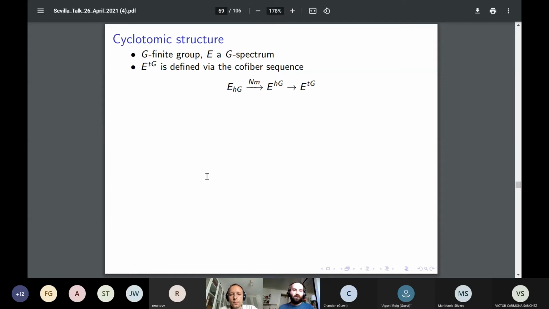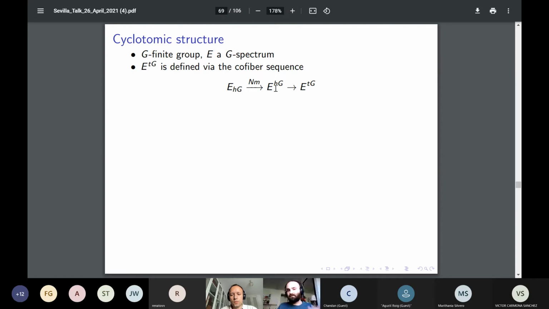A little more before defining TC. If G is a finite group and E is a G-spectrum, there is this notion of Tate construction with respect to G for E. It's defined as the cofiber of the normalization map from the homotopy orbits to the homotopy fixed points. And cofiber sequences, as I was saying, are like short exact sequences.